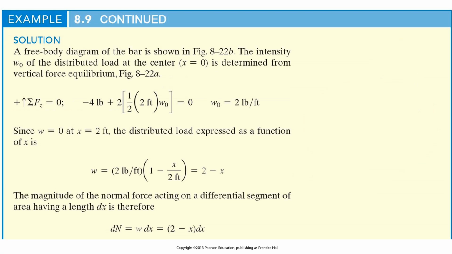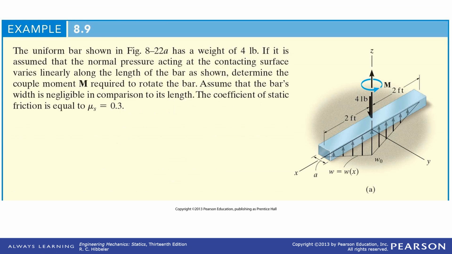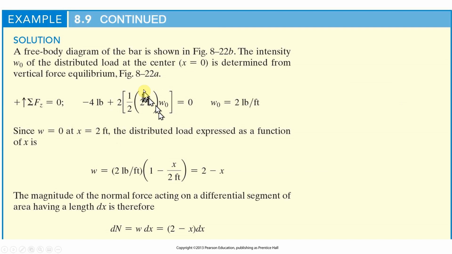Okay. Now, so the Fz minus 4 pounds and 1/2 times the 2 feet. The radius of the bar should be 2 feet. There it is. 1/2 times 2 feet. This is the triangular load. There's twice as many of it.